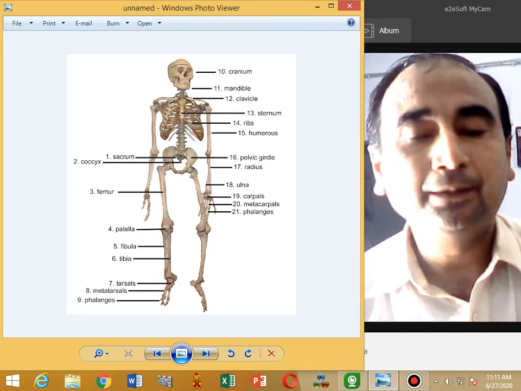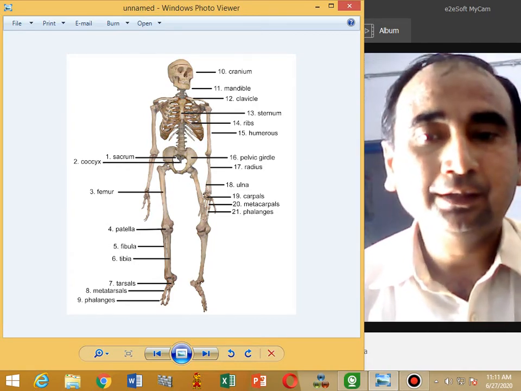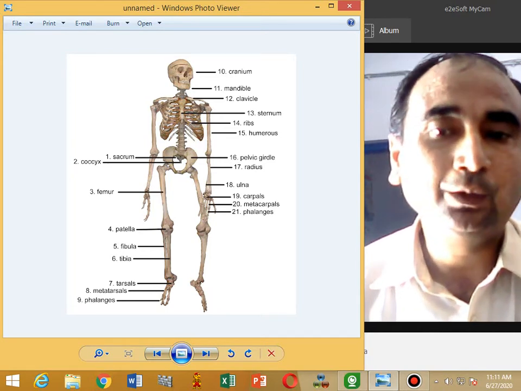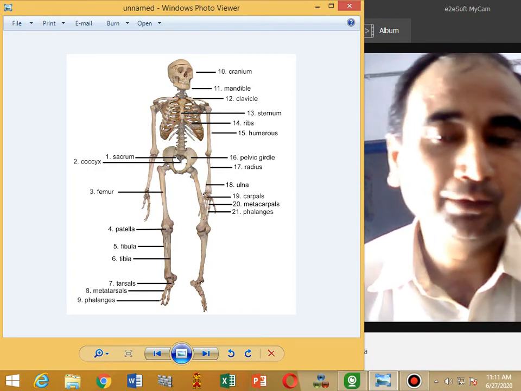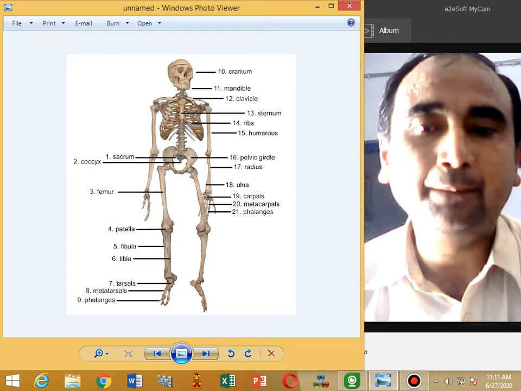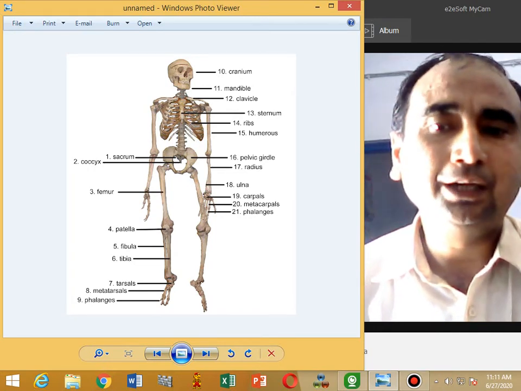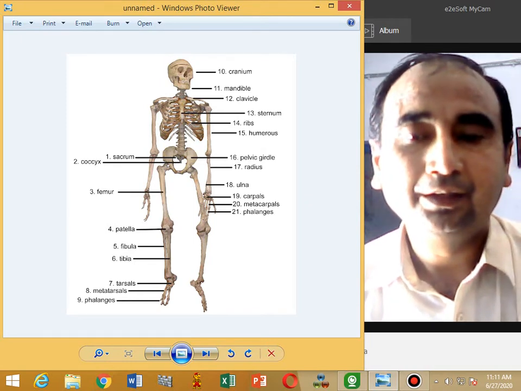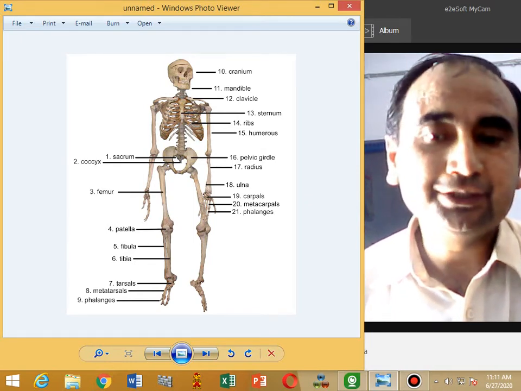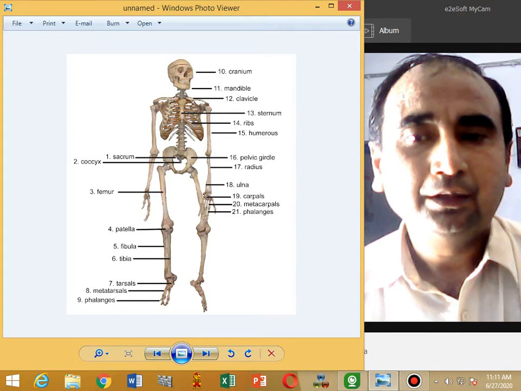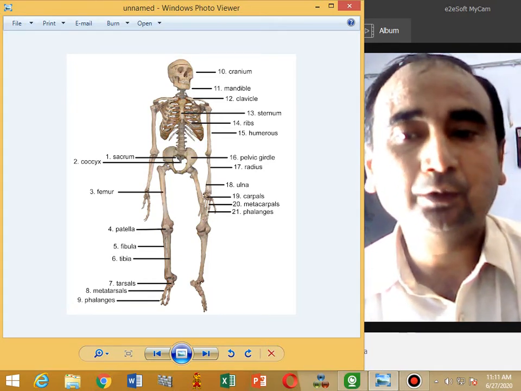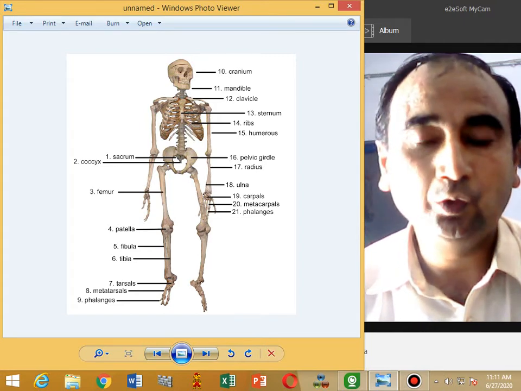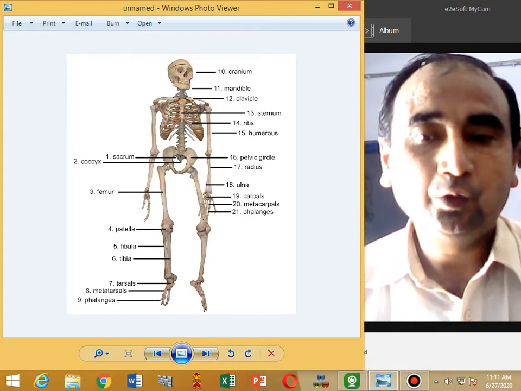Now we study the appendicular skeleton. The appendicular skeleton includes the pectoral girdle and its appendages, and the pelvic girdle and its appendages. The pectoral girdle and appendages contain the humerus bone.